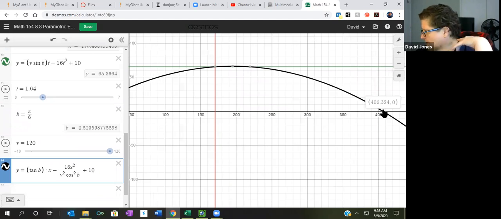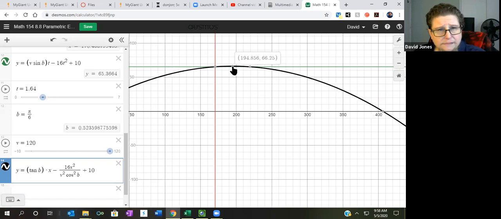Apparently I need to mute something on my surface. There we go. Looks like the farthest I travel there is 406.3 feet. And we go up 66.3 feet.